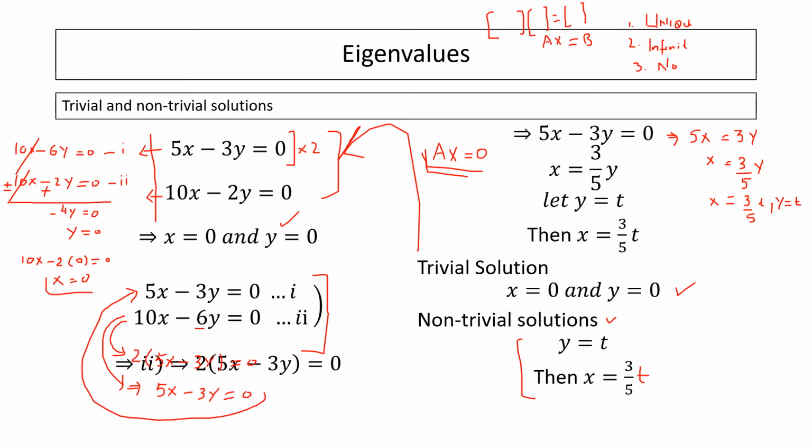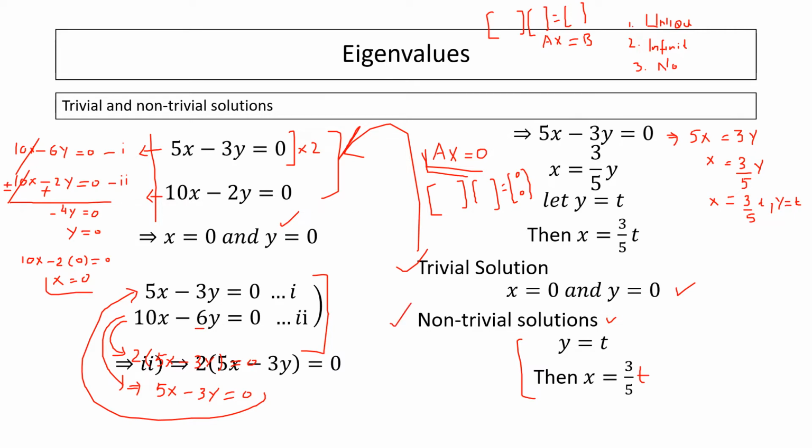But in this case, this matrix will be A, this will be x, y, and here 0. So this matrix will be actually 0.